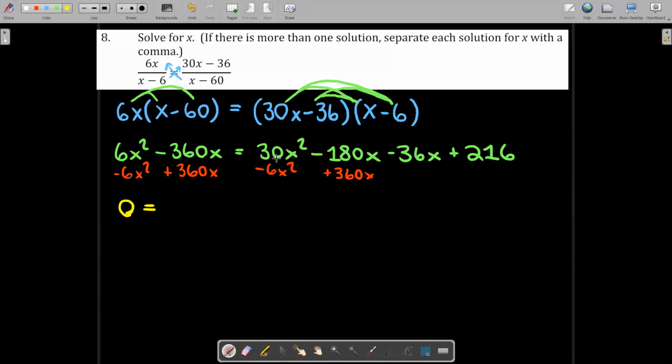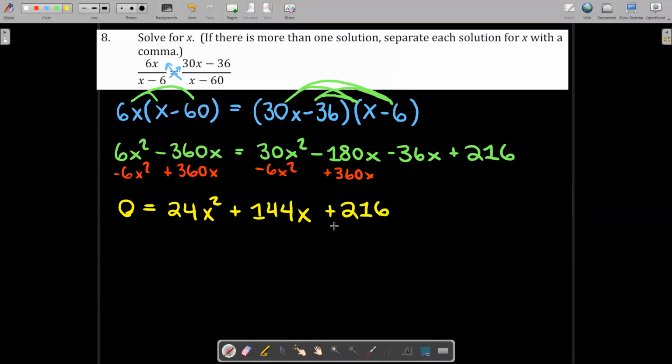And over here, I'm going to have 24x squared, and I got a lot of x's to combine. Negative 180x, negative 36x, and positive 360x. And when I combine all of those, I get positive 144x. And then I have that positive 216 over here on the side.